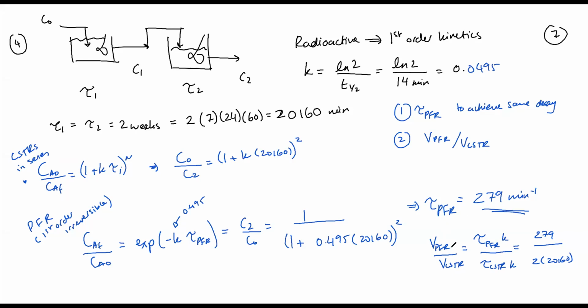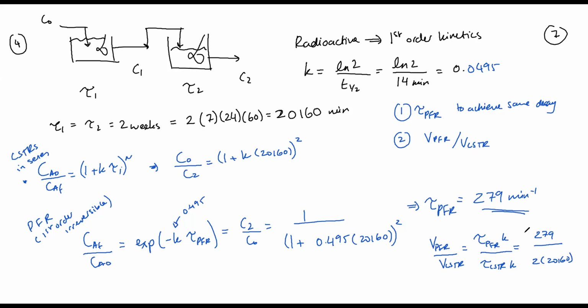So if I compare the volume of PFR to a volume of a CSTR, in this case, I have to divide 279 by this number. So you divide 279 by 2, and then divide by 20160.